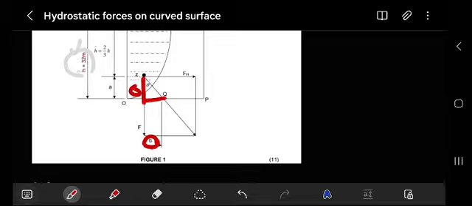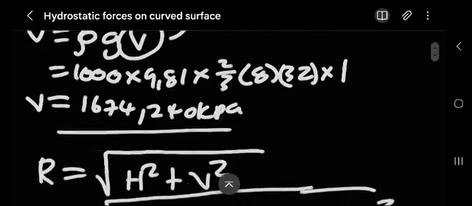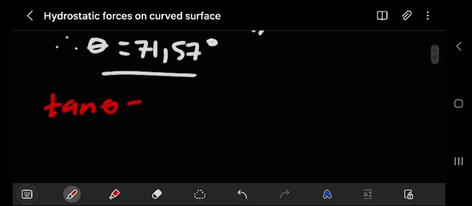Using this triangle, we know that we can use tan, opposite over adjacent. So tan theta will be equal to opposite over adjacent, which is B over A, from our triangle there that I've shown you.